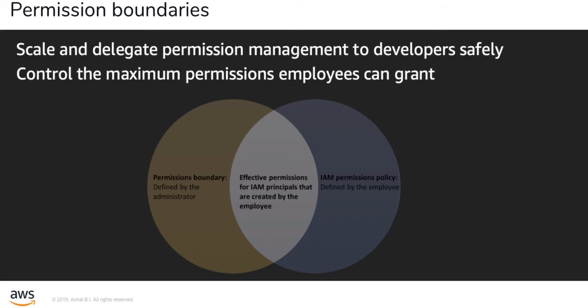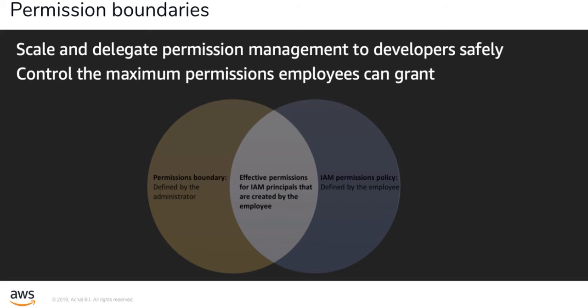As an administrator, I would define the set of permissions that the developer can use, and the developer can build permissions for any IAM principal only within that boundary. For example, as an administrator, I would say you could create applications and grant them access to communicate with S3 or SQS alone.